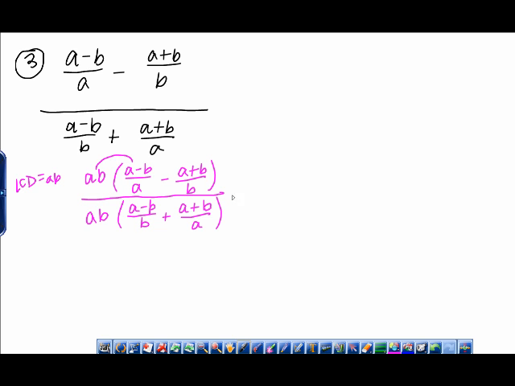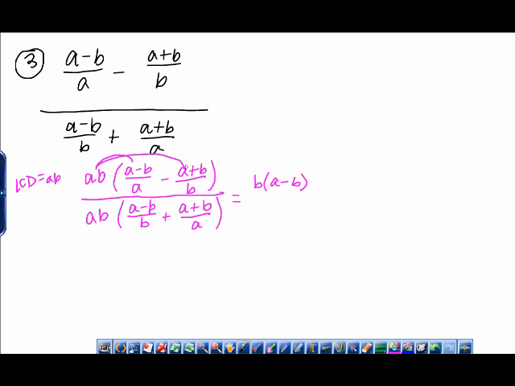Now think about this. If you multiply AB times here, we could distribute AB, then factor, then simplify. But think about AB in the numerator over A. What is AB over A? It's just B. So we're really multiplying B times A minus B, and I'll actually distribute in the next step.